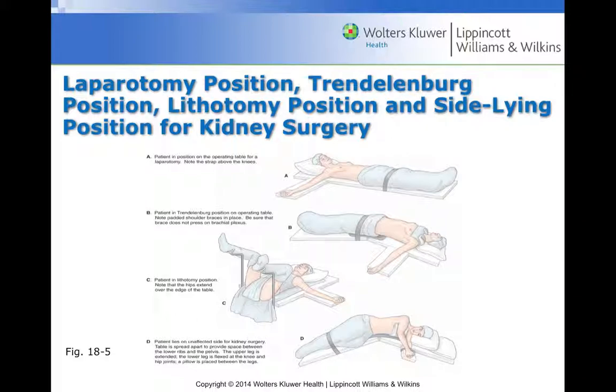Then the Sims or lateral position is usually used for renal surgery, and that is figure D in figure 18-5. So just so that you get an idea of how these actually look, that will help you a little better to understand what they are and what they're used for.